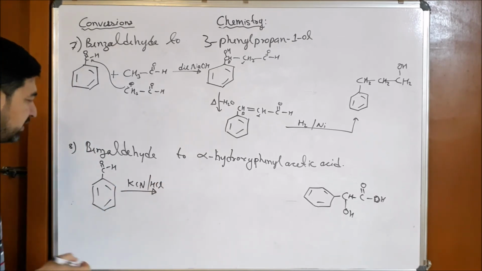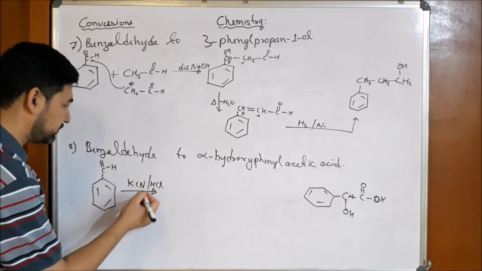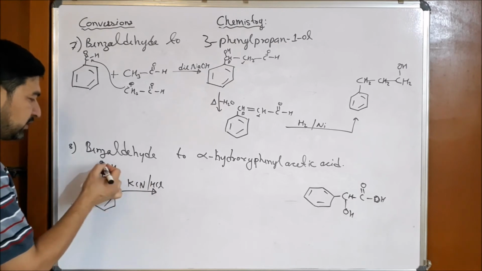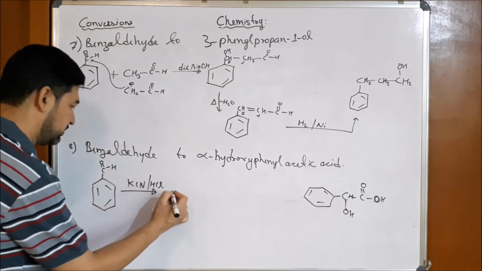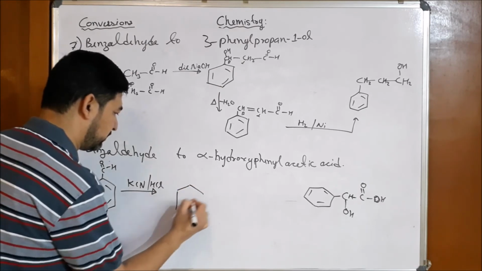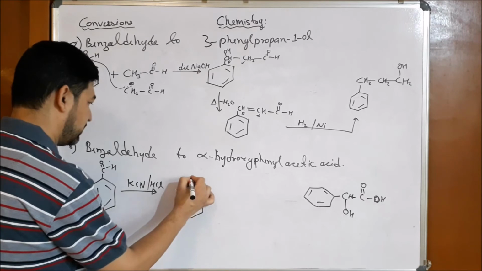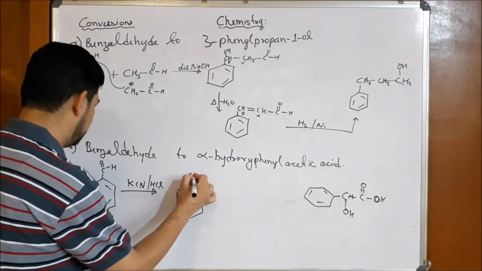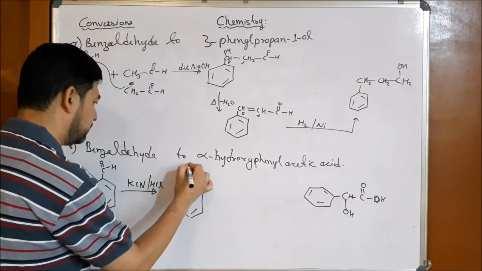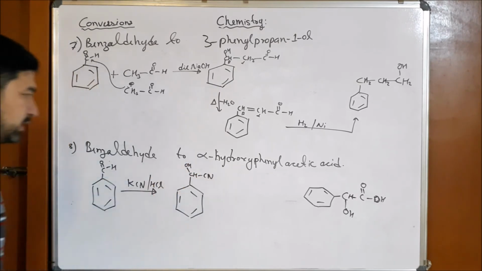It will form a cyanohydrin. That is, CN will attack here. Then the O negative will be there, and the H will come here. So it will form the cyanohydrin compound: C, OH, here is CN, right?